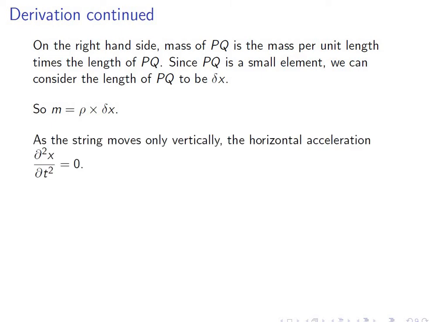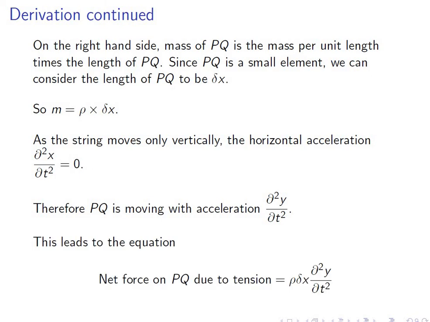As the string moves only vertically, its horizontal acceleration ∂²x/∂t² is equal to 0. So the string moves with just the vertical acceleration ∂²y/∂t². So substituting for the acceleration, we find net force on PQ due to tension is ρΔx times ∂²y/∂t².